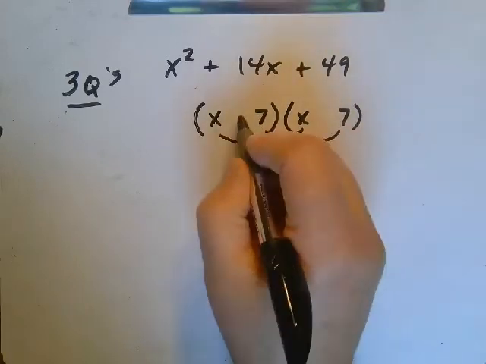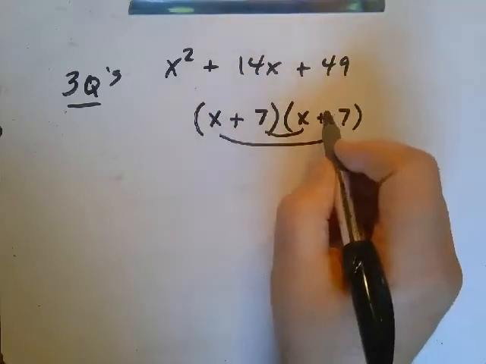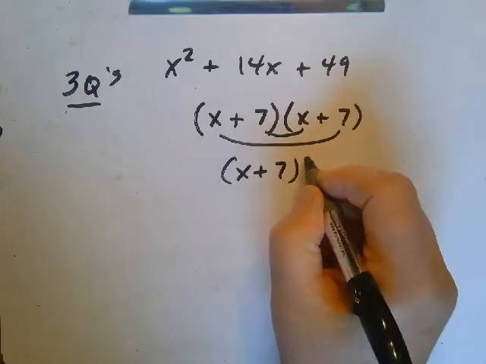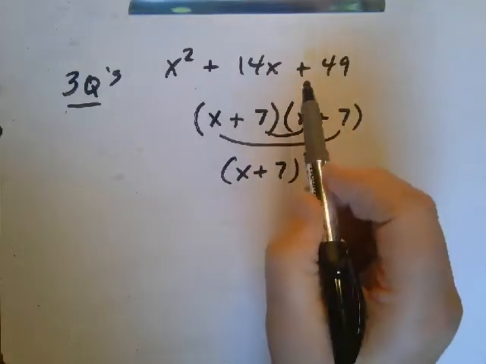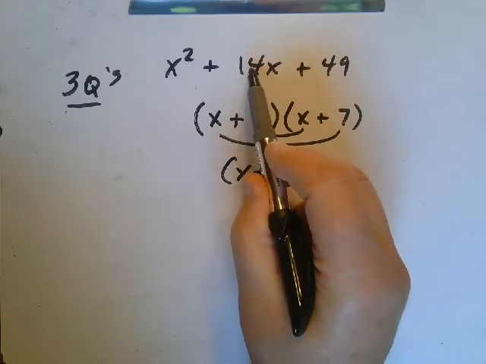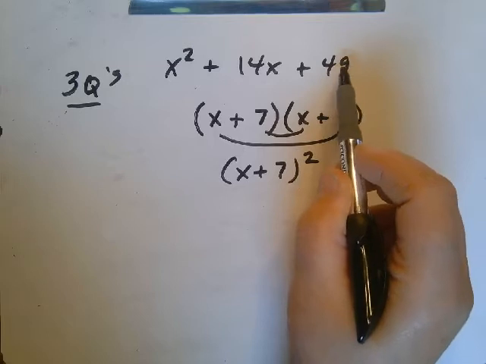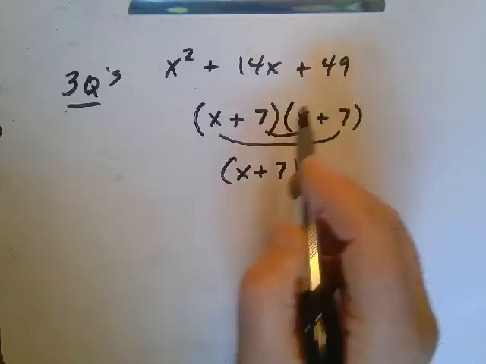So in fact, the thing is factorable by just saying these 2 factors are identical, or we could write it 7x plus 7 quantity squared. You'll have to rely on the fact that this number is twice the square root of this number.